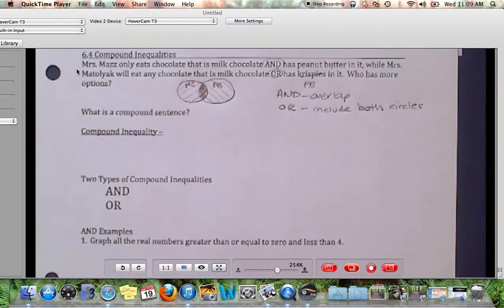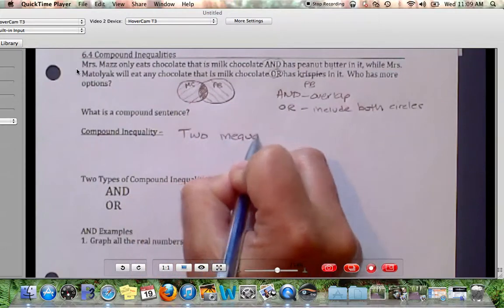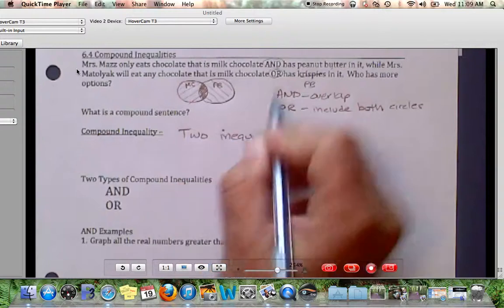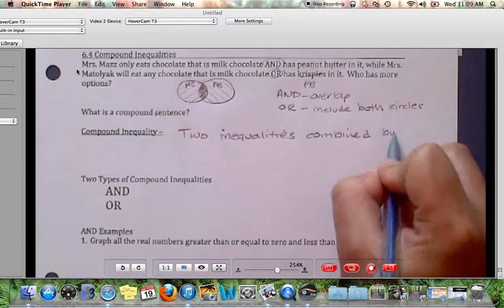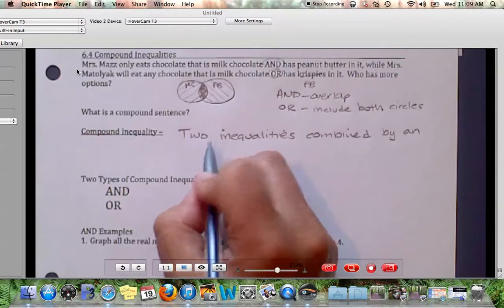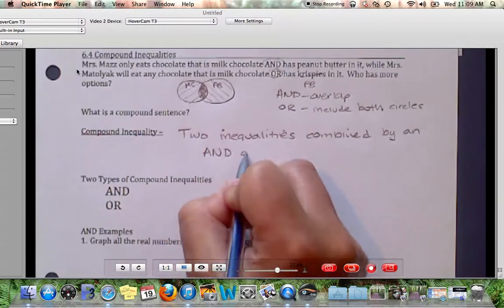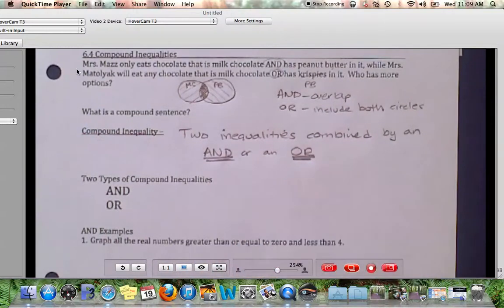So a compound sentence is very similar to a compound inequality. A compound inequality is two inequalities combined by a conjunction, but we're specifically talking about an "and" or an "or." Two inequalities combined by an "and" or an "or." So that brings us to the two types of compound inequalities.